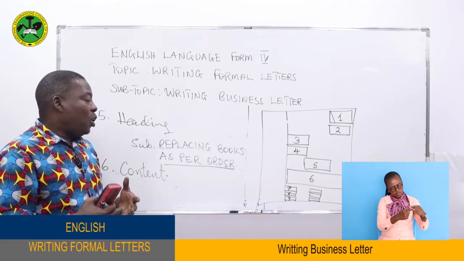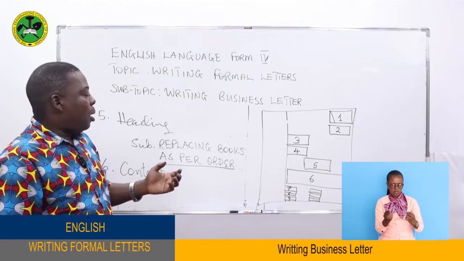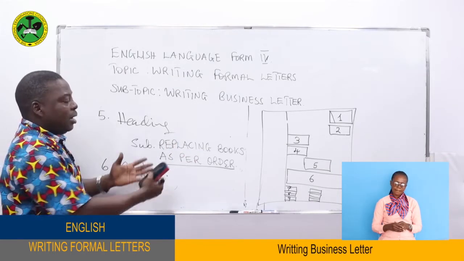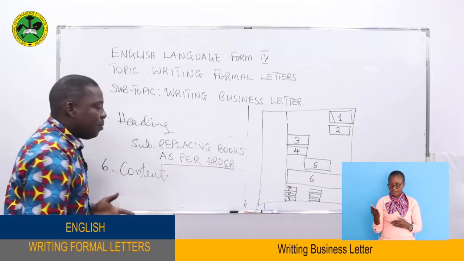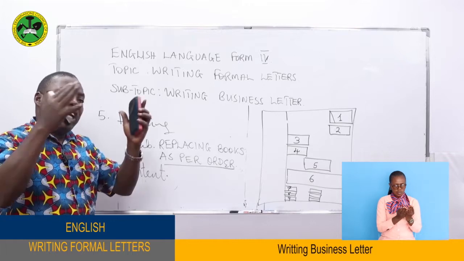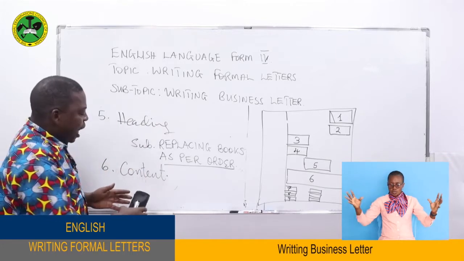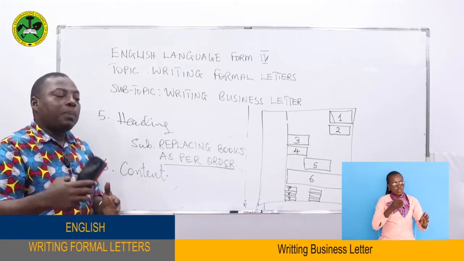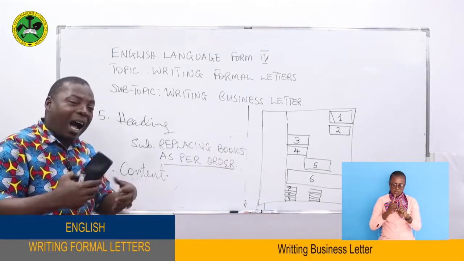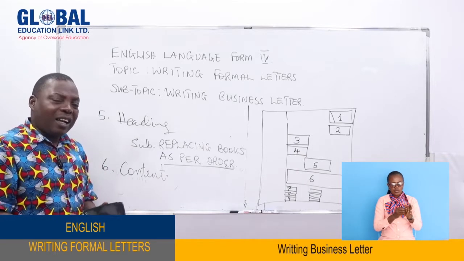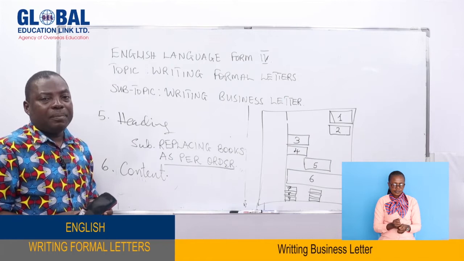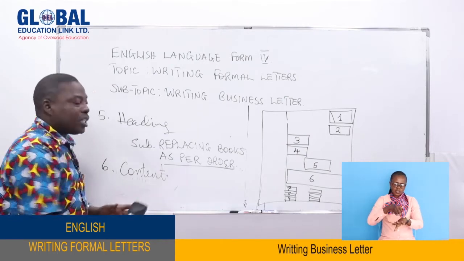Or rather, you're going to give more description about what you wrote under the subject. Because here, replacing books as per order, this is a subject that is a bit more general. And when it comes to the content, you have to be specific, trying to show individual items that have been delivered and how they are supposed to look like. So you are trying to define the subject and or the heading. That is what we expect.